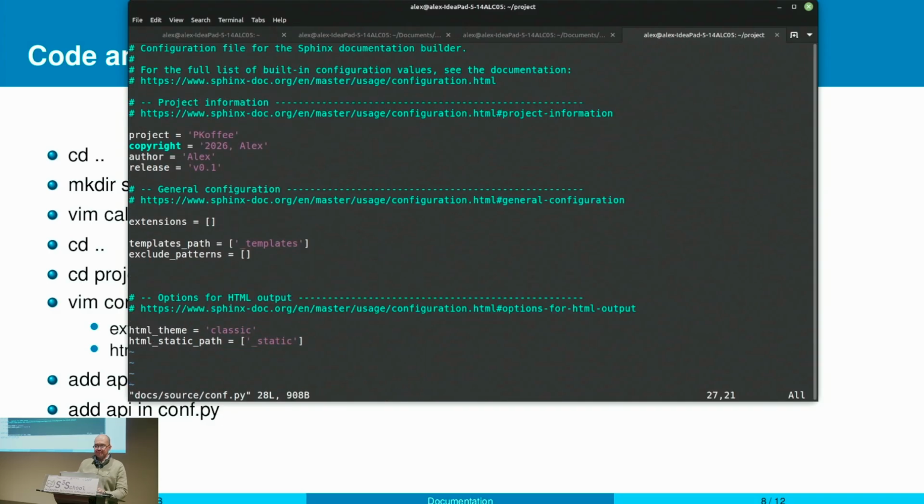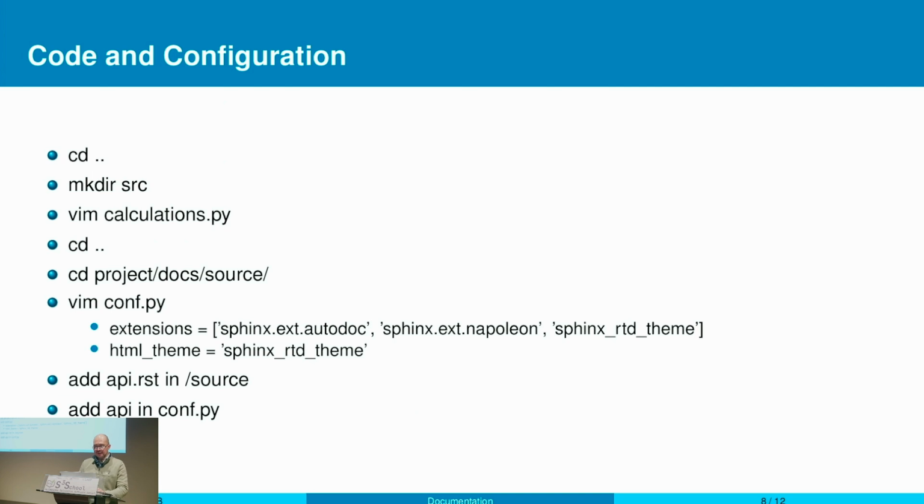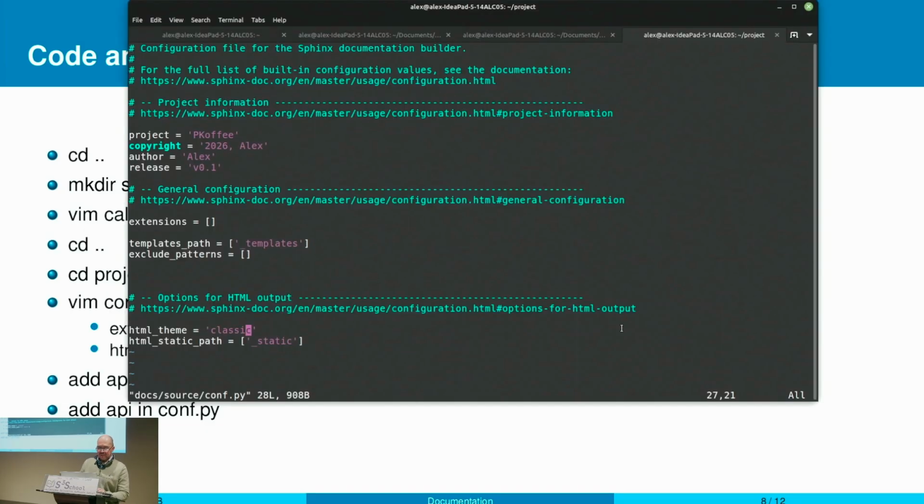And in the configuration file, I'm going to include these extensions. This is the autodoc extension, the Sphinx extension, the autodoc, Napoleon, and the ReadTheDocs theme. So I'm going to include those extensions here.